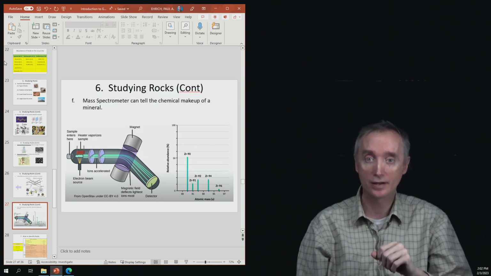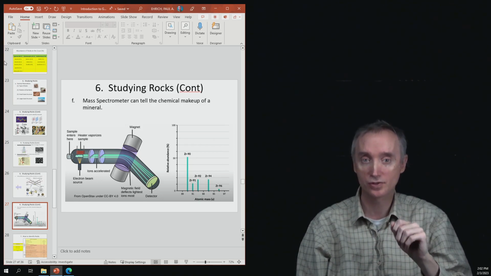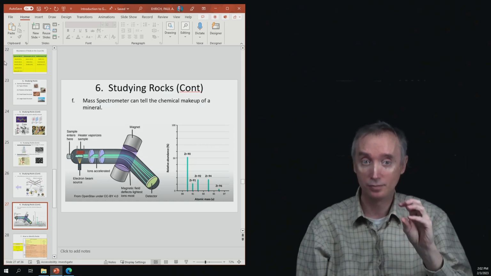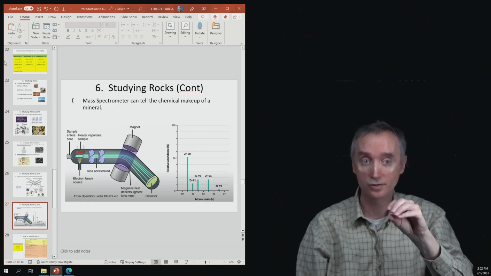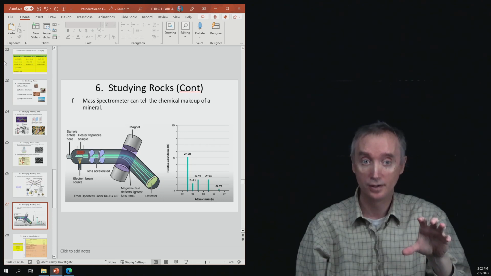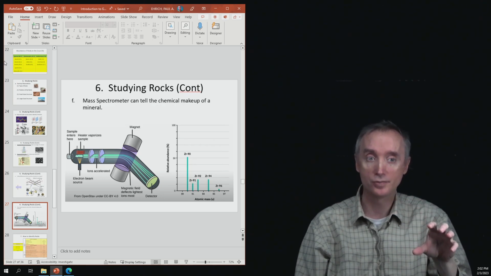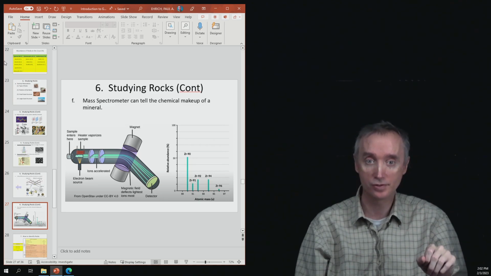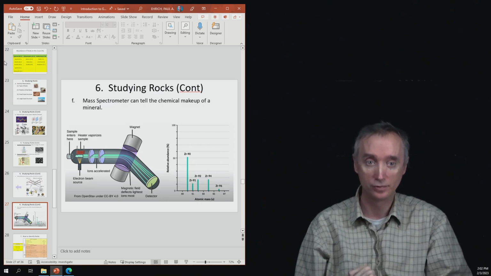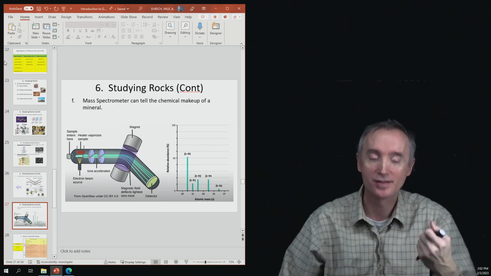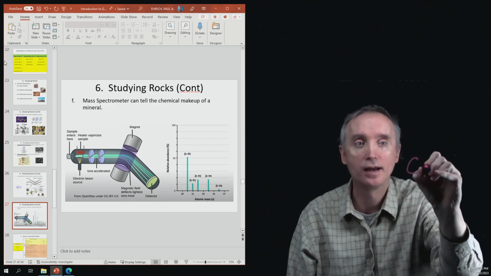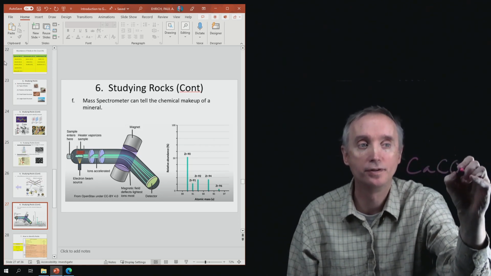As a matter of fact, you're going to heat this up so much that the mineral is going to start to fall apart into the individual atoms and chunks of atoms that made up the mineral. So for example, a simple one would be calcium carbonate.